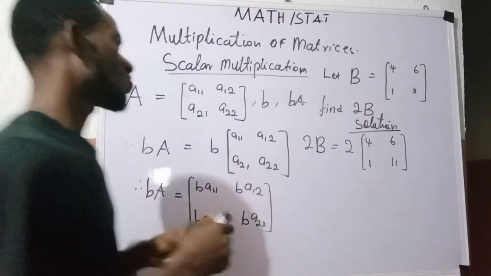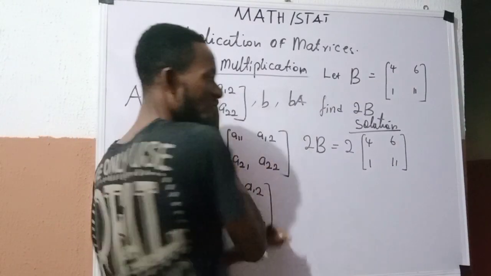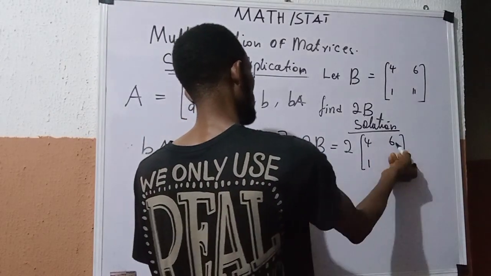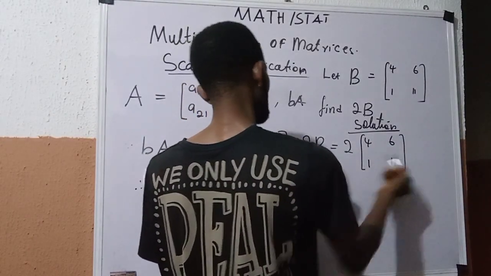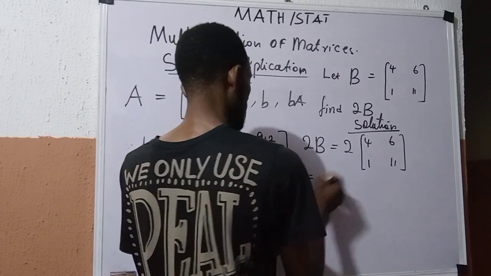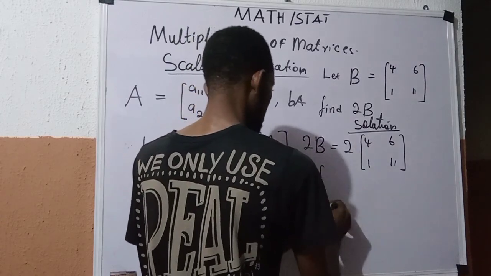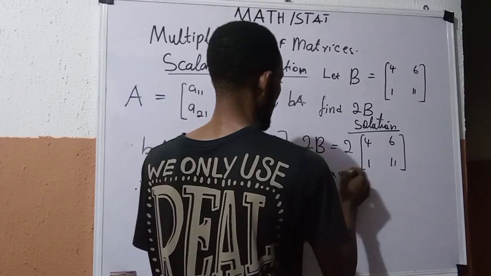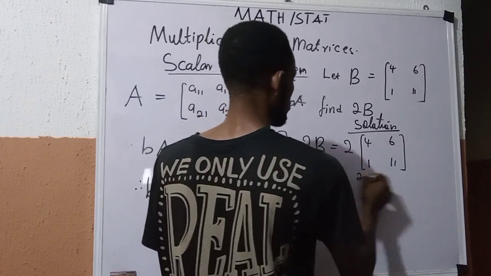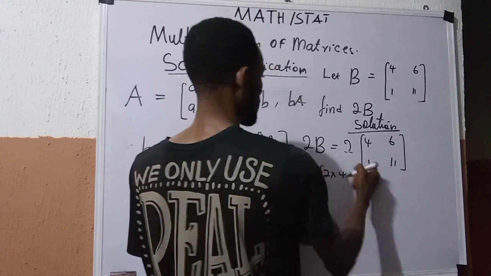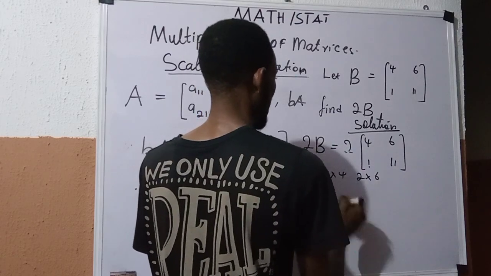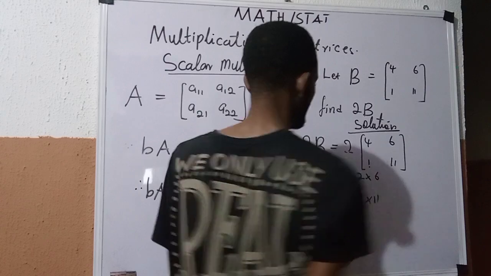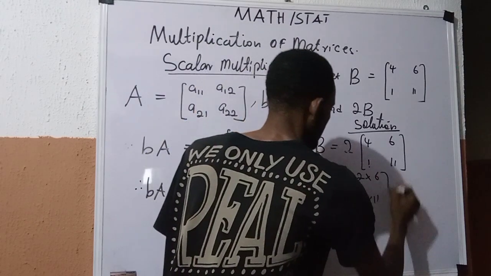Moving further, I'm now going to use this to multiply this, use this to multiply this, use this to multiply this, and use this to multiply this. So this equals, I open the brackets: 2 times 4, 2 times 6, 2 times 1, and 2 times 11. I close it like this.